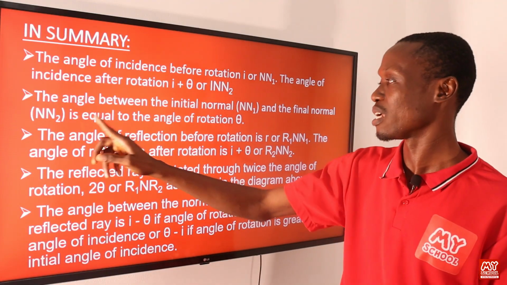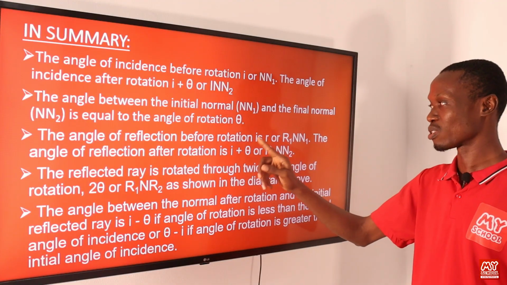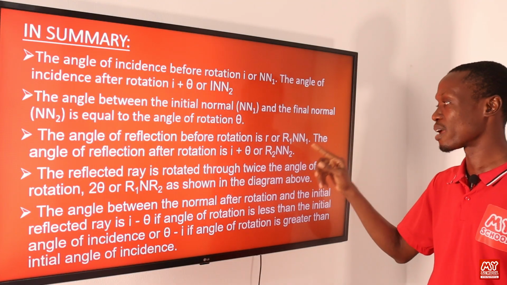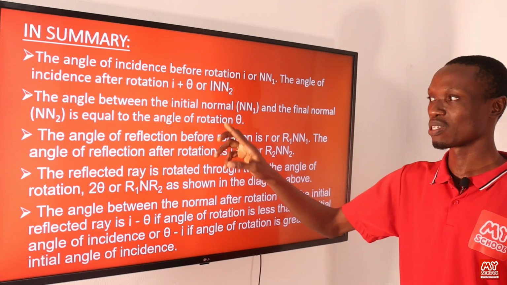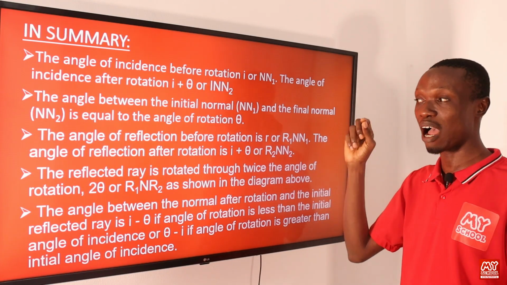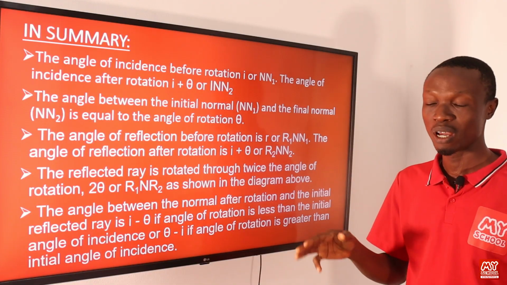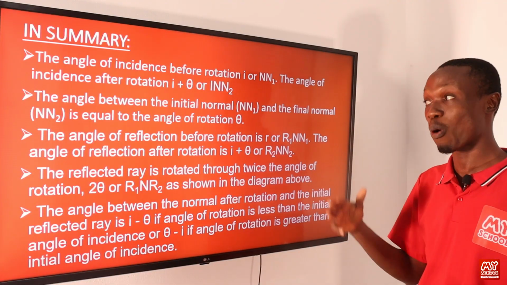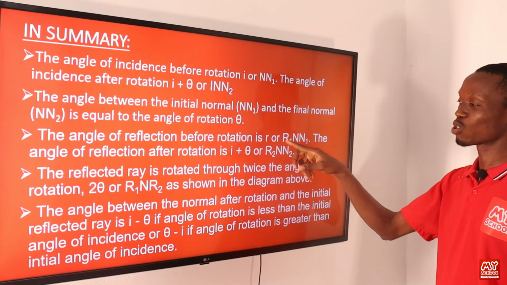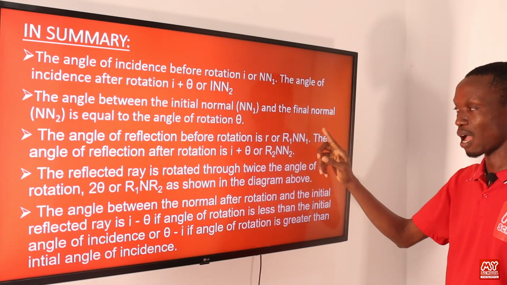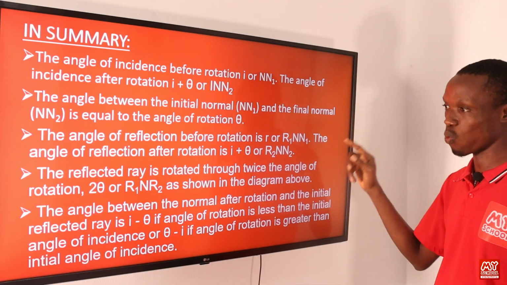Okay, then the angle of reflection before rotation is arrow 1 N N1. Now remember that all these angles we have mentioned, for example this angle of reflection, take note that the angle of reflection is the angle formed between the reflected ray and the normal. Okay, so that's why you have 3 letters here, arrow 1 N N1.